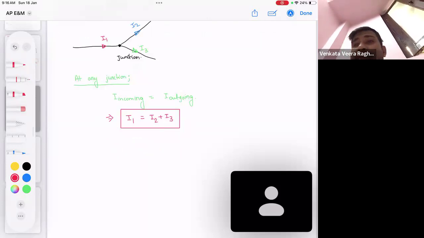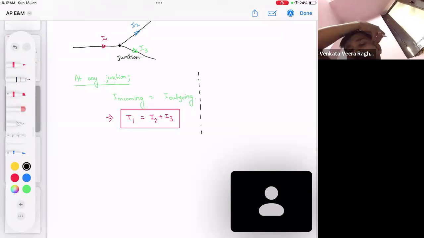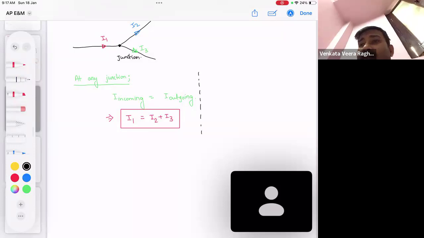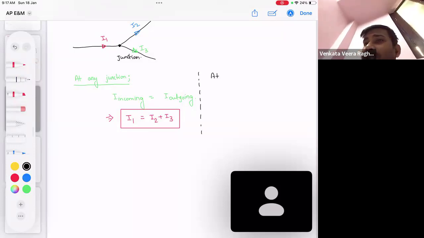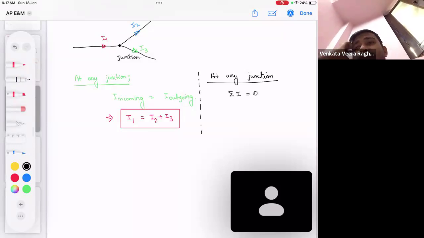There is another form also in which Kirchhoff's current law is written. Both are the same thing, just two different formats. So Kirchhoff's current law or junction law says that at any junction, the summation of current is equal to 0.